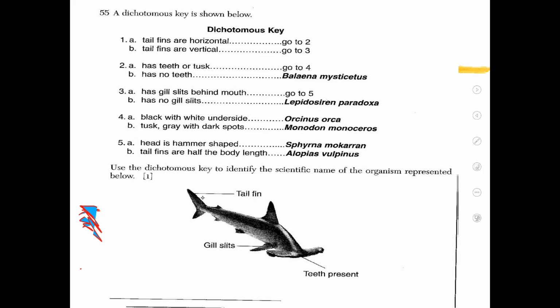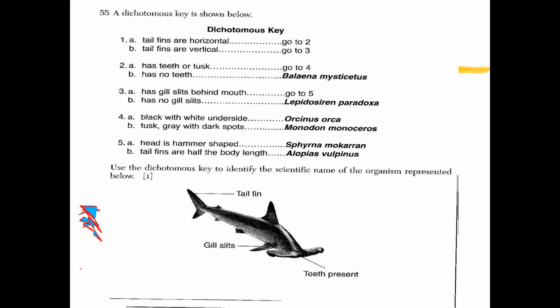Now this is giving you shark stuff. We'll work on this tomorrow. I'm not going to drag this out any longer. It should not be that hard. You go through and look at, and this is like on your worksheet tomorrow, it's also going to tell you if teeth are present.